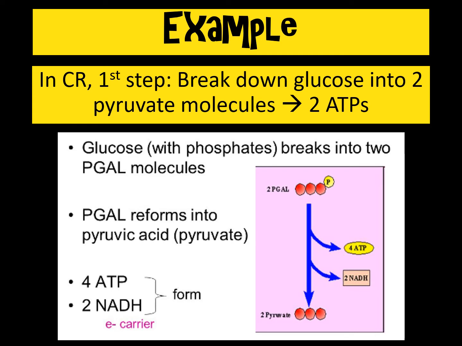And what you see happening in glycolysis is the breakdown of glucose into two smaller molecules that are called pyruvates. And in the process, the cell will generate two ATP energy molecules. So again, because the process is breaking down glucose, it's considered a catabolic reaction.